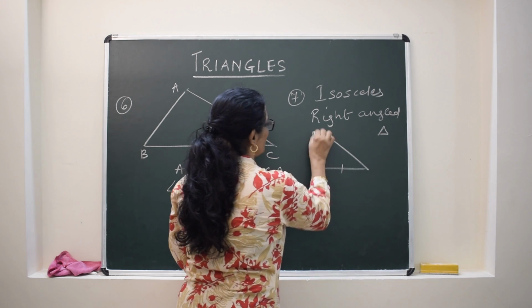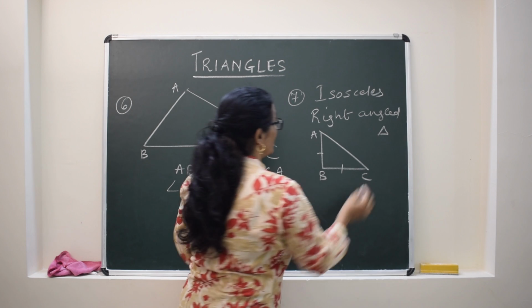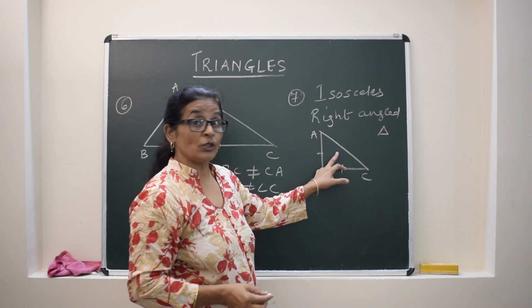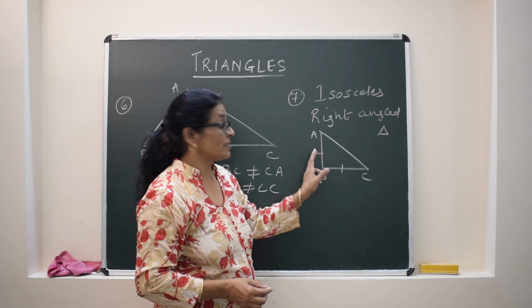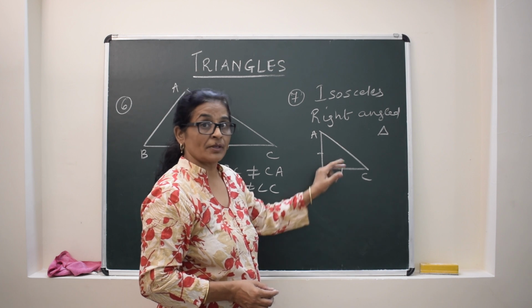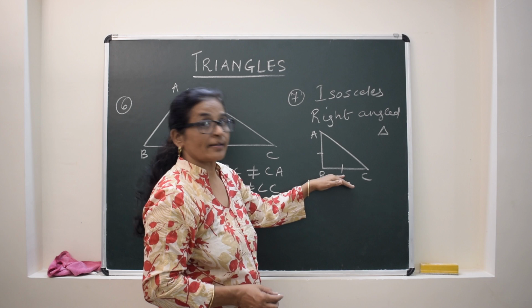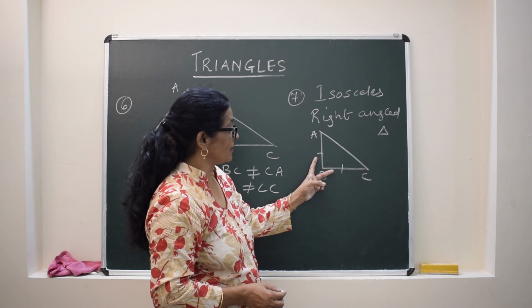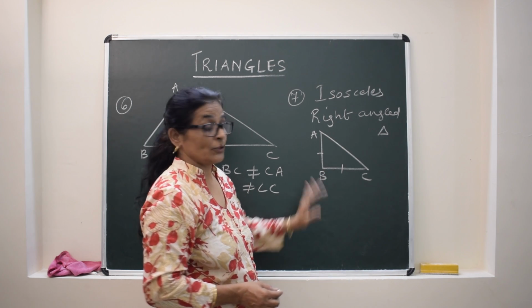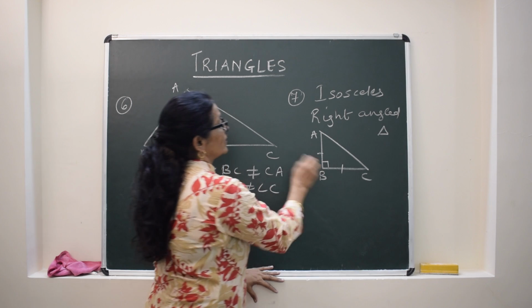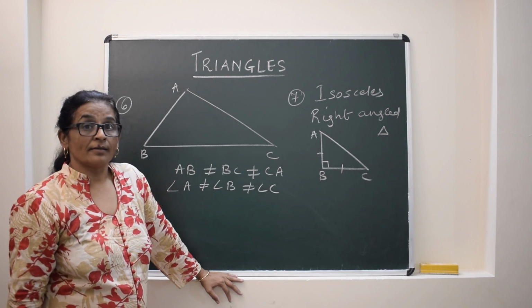So always remember, hypotenuse cannot be equal to any of the sides. It means the perpendicular and the base. This can be base or this can be base, okay? Or this can be perpendicular. So any two sides are equal except the hypotenuse. So this type of triangle is called isosceles right angle triangle.